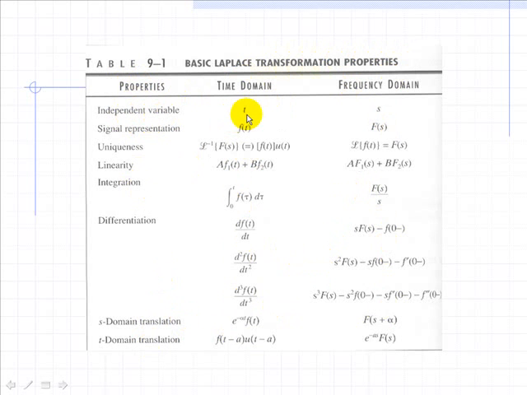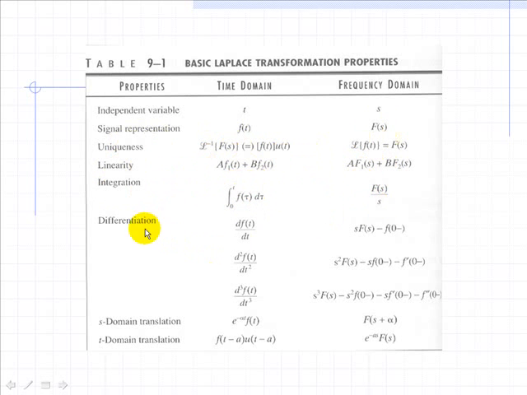Our independent variable is t, and the corresponding variable in the Laplace domain is s. The signal representation is f of t, and the corresponding frequency domain description is F of s. We have linearity, and integration, where integration of a function is replaced by a 1 over s.